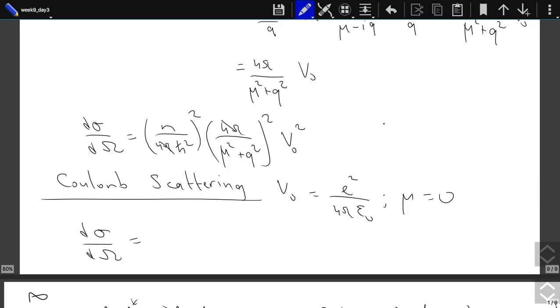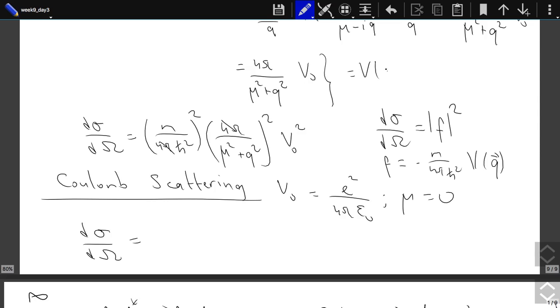You see, d sigma by d omega is equal to f squared, and f is minus m over 4 pi h bar squared times the Fourier transform of our potential. So this is our Fourier transform of the potential, and there's also this overall factor in the definition of f.